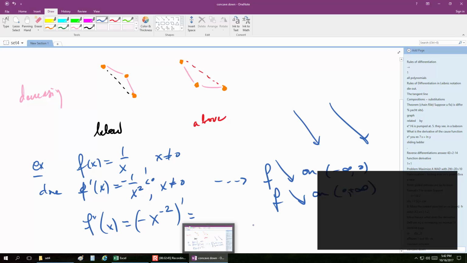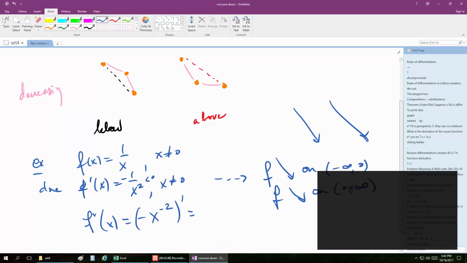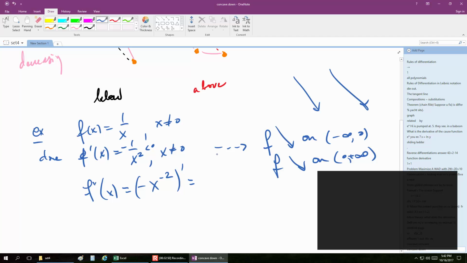What do I get for the second derivative? 20 x to the negative 3, right? Okay, so let's see. There's only one factor, and we can determine where it is undefined. So I put an empty dot here to indicate that the function is undefined.